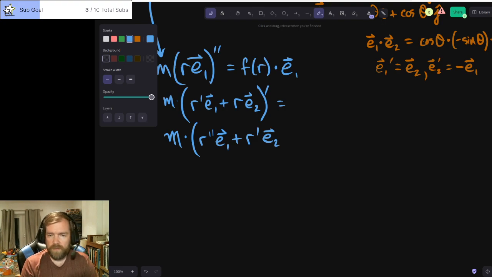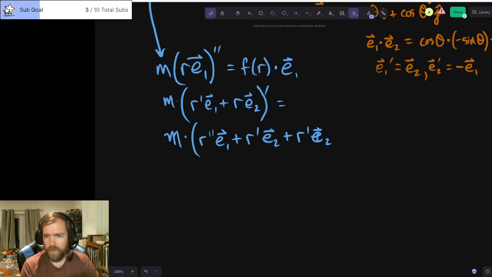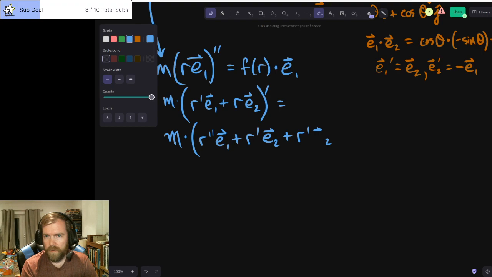Then our second one, we end up taking the derivative of r prime, and then we end up taking the derivative of E2, and we get negative E1. So that's now negative there, is equal to f of r times E1.